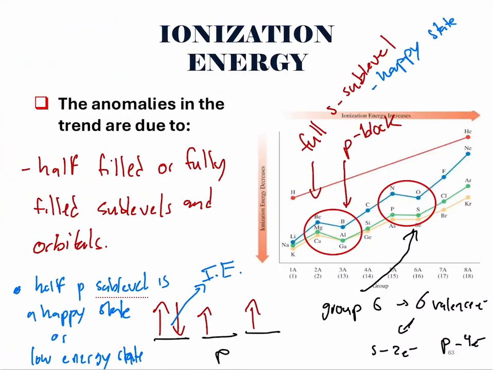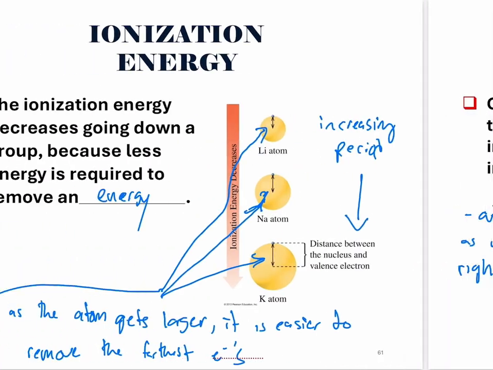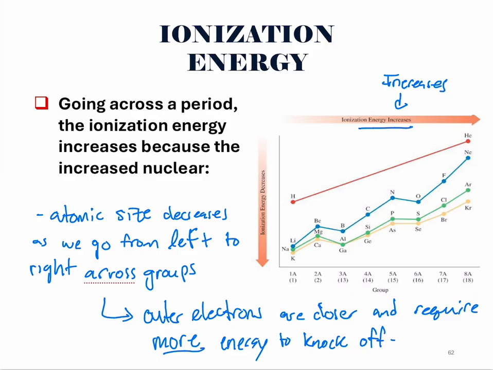Another thing that I'll mention right now, just because we're here, is electronegativity, which we won't get to until Wednesday. Electronegativity follows the same trend as the ionization energy, right?